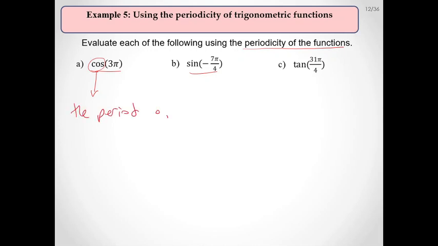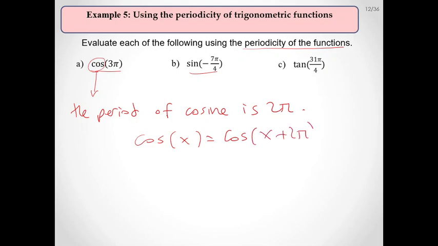The period of cosine is 2 pi. So what does this mean? This means for any x here, you can add the multiples of 2 pi and it will be the same, or you can subtract the multiples of 2 pi, so they're all the same.